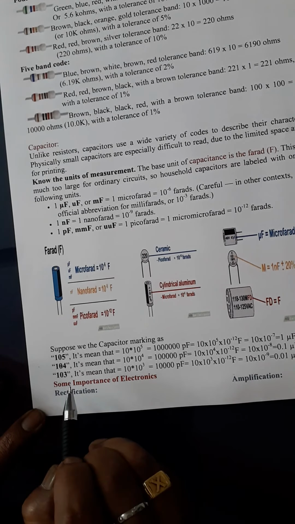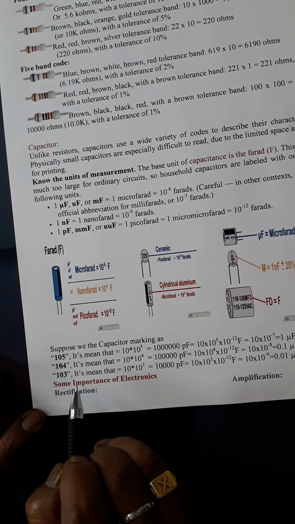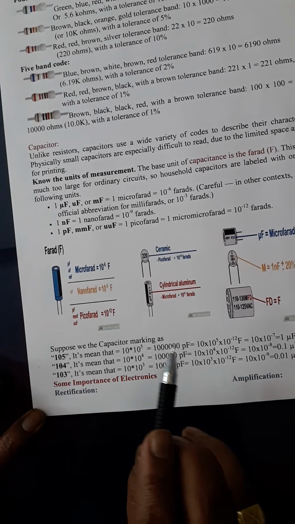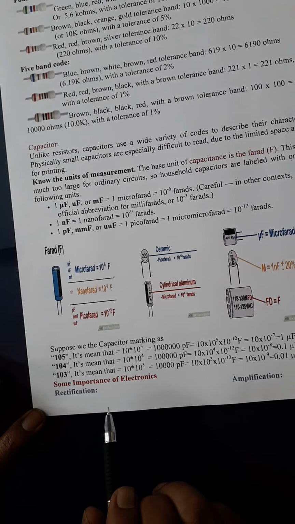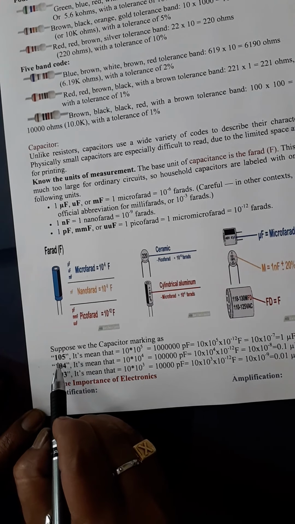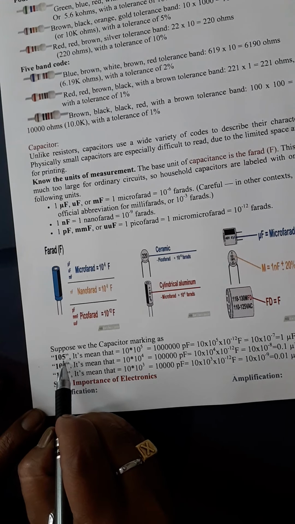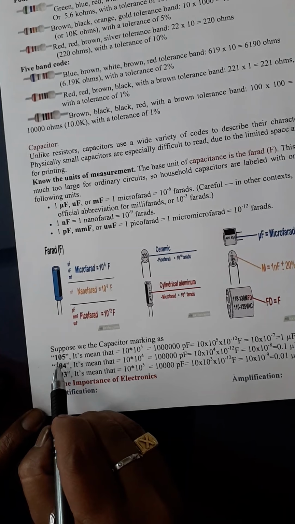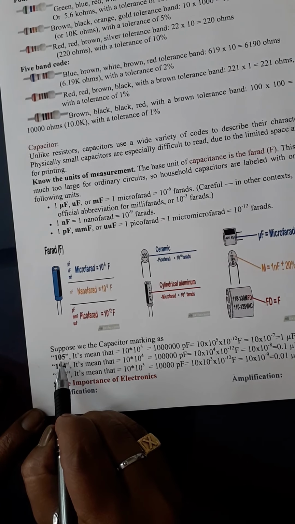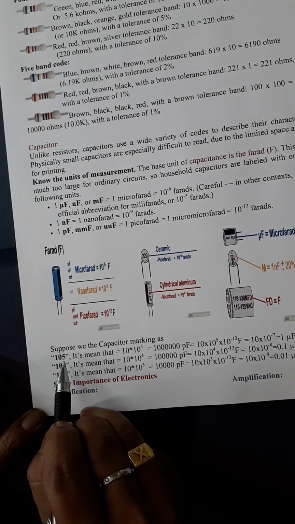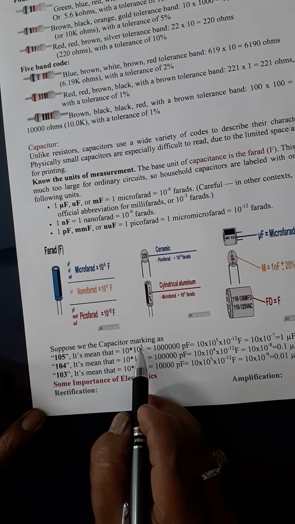So now, to calculate the value of the capacitance printed on a ceramic capacitor, suppose we have 105. You take the first 2 digits as they are, 10. The third one is the multiplier, so 5 represents 10 to the power of 5.